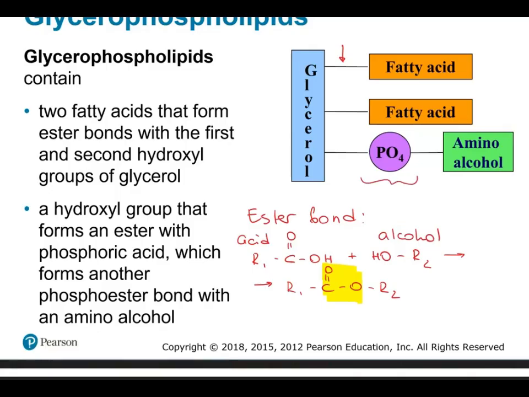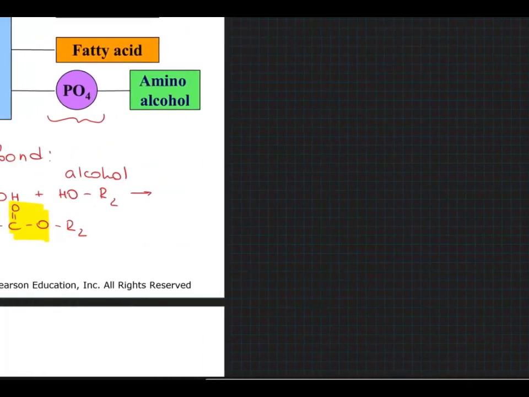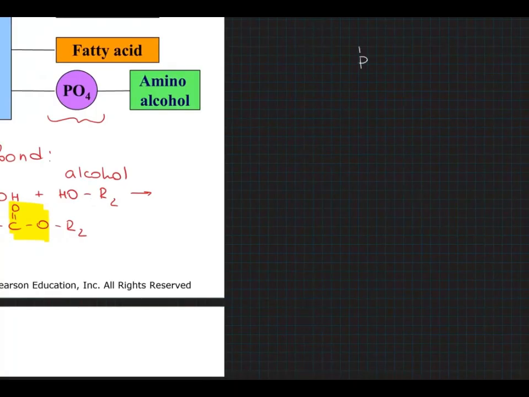So the phosphate group comes from phosphoric acid. Okay? So we can picture it, and you don't need to know these formulas, but I just want to explain what's going on here. Actually, I'm going to switch over here. So check this out. So we have phosphoric acid.